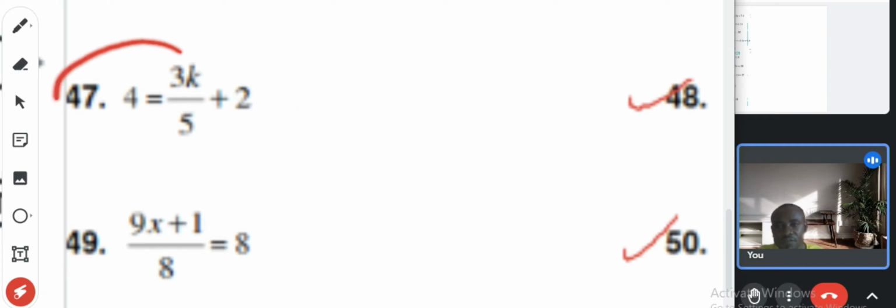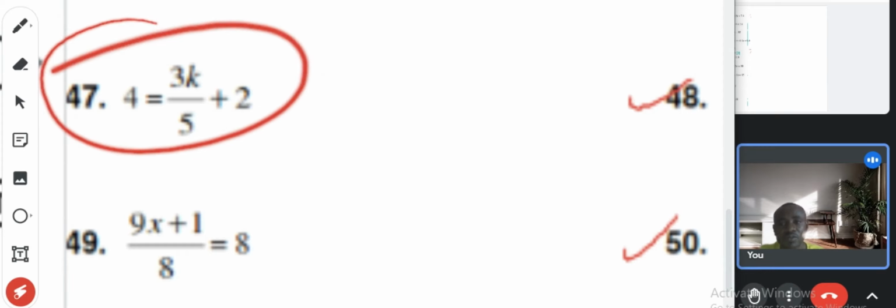So you see this 47, what do you think you should do? No, number 47. Please speak up. Number 47, what should we do?